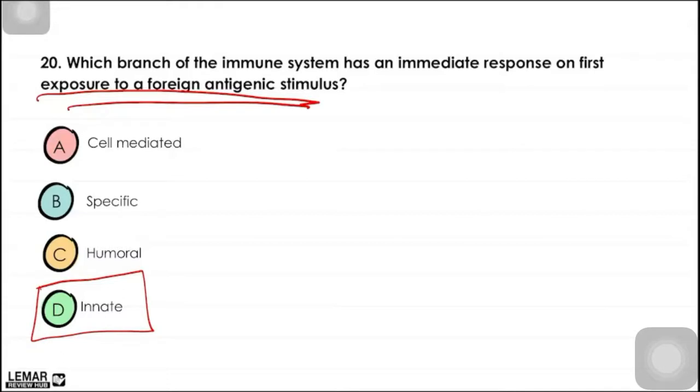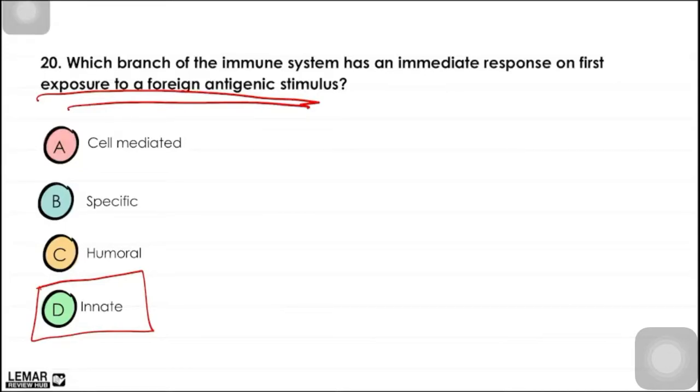Cell-mediated and humoral responses are the two main arms of specific or adaptive immunity. So, these are part of your adaptive immunity.